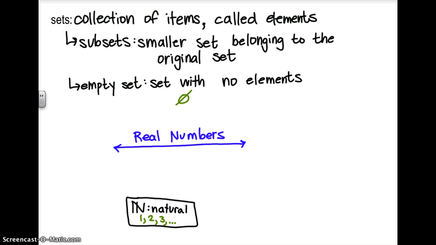After that, each subset gets more elements, gets a little bit bigger each time. The next one are the whole numbers. The whole numbers are 0 plus the one that's inside, right? Anytime you draw a picture like this, anytime a box is fully inside of another box, see how natural is fully inside whole?